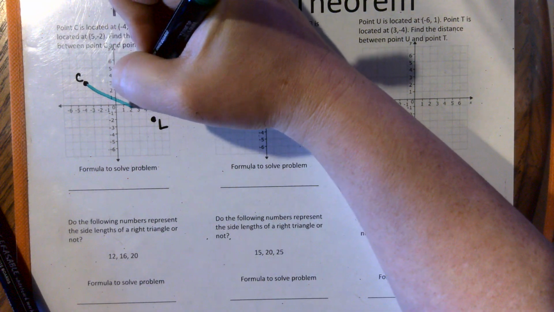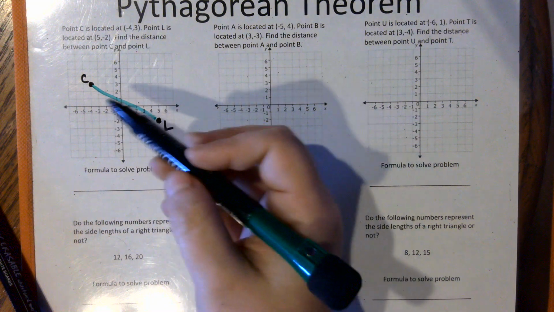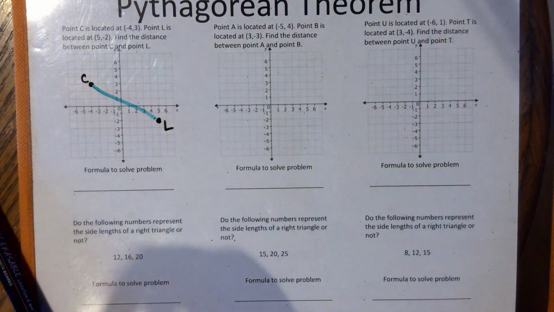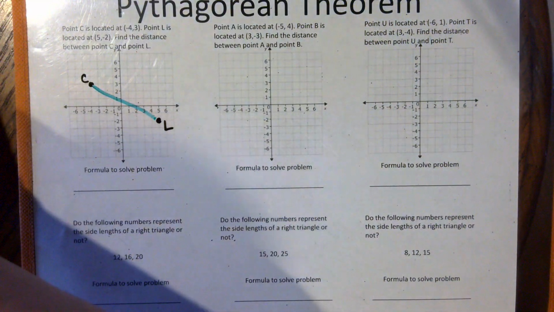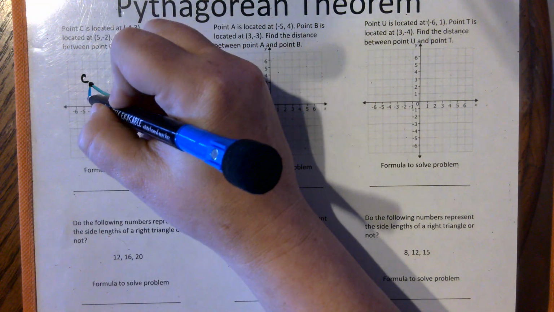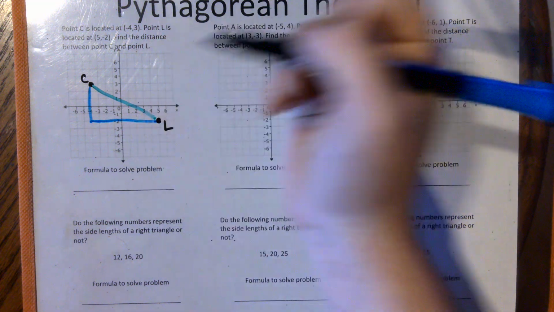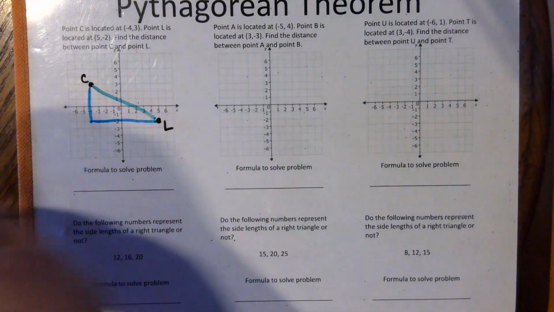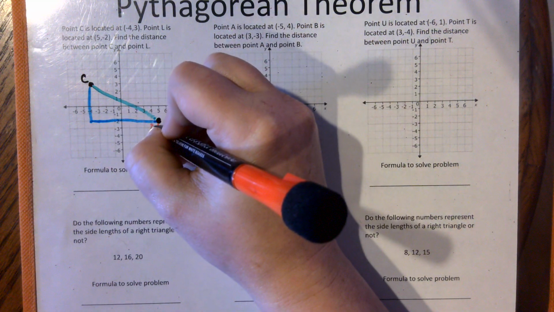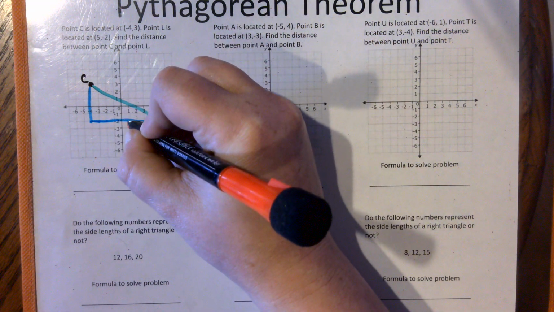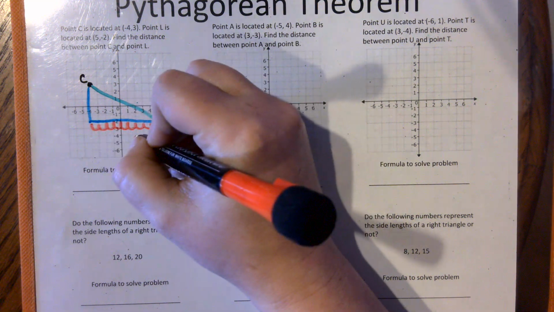So now we're just solving just like we did earlier on that page. So you would create your triangle. I'm going to create it in blue. Remember, just extend those lines from the points till they meet each other. And you would count your hops. 1, 2, 3, 4, 5, 6, 7, 8, 9.